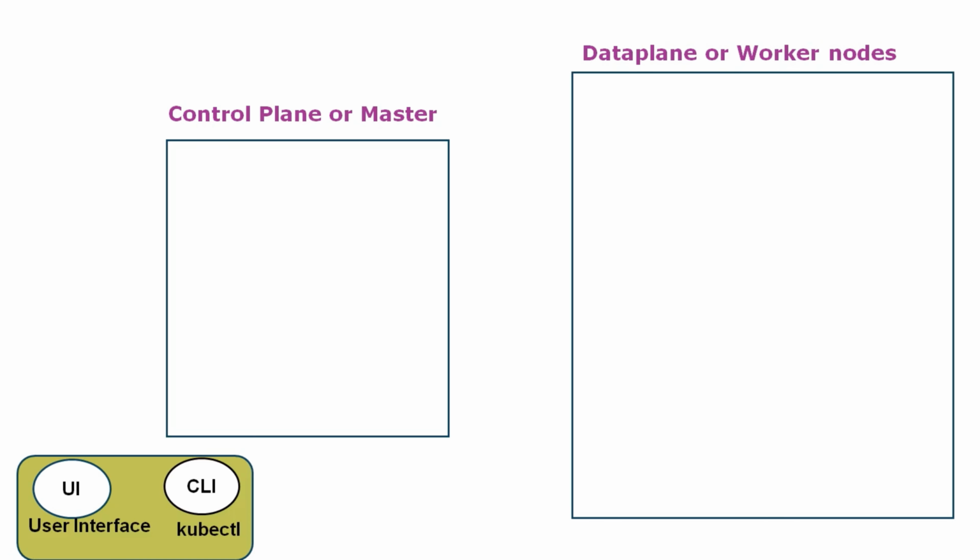Now when you are trying to work with Kubernetes, first we need the command line utility, which is called kubectl. So you define all your requirements in one YAML file. Then you give that YAML file to kubectl, which is called kube controller.